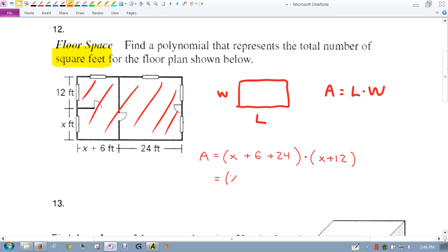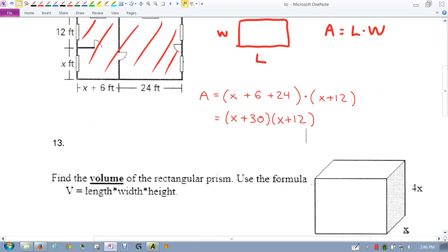So x plus 30. We do everything in the parentheses first, order of operations. And then we expand or FOIL. If you prefer to say FOILed, that's fine. You're not going to upset me.